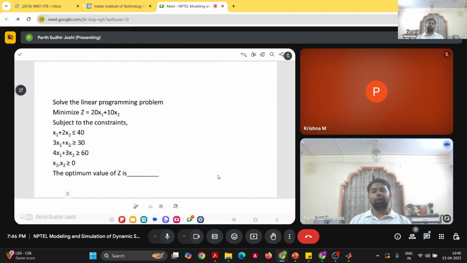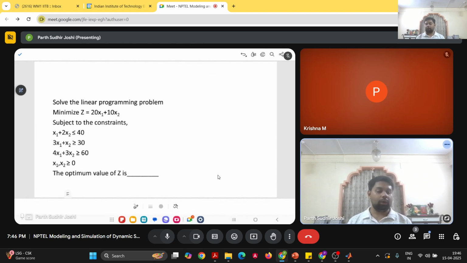This is linear programming as the objective function is linear in x1 and x2, the design variables, and the constraints are also linear in x1 and x2.